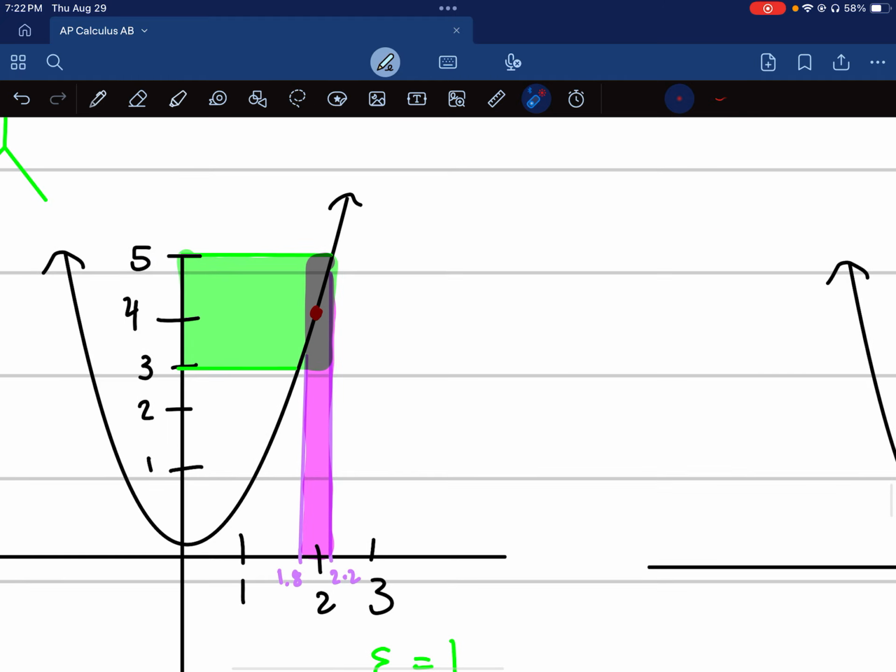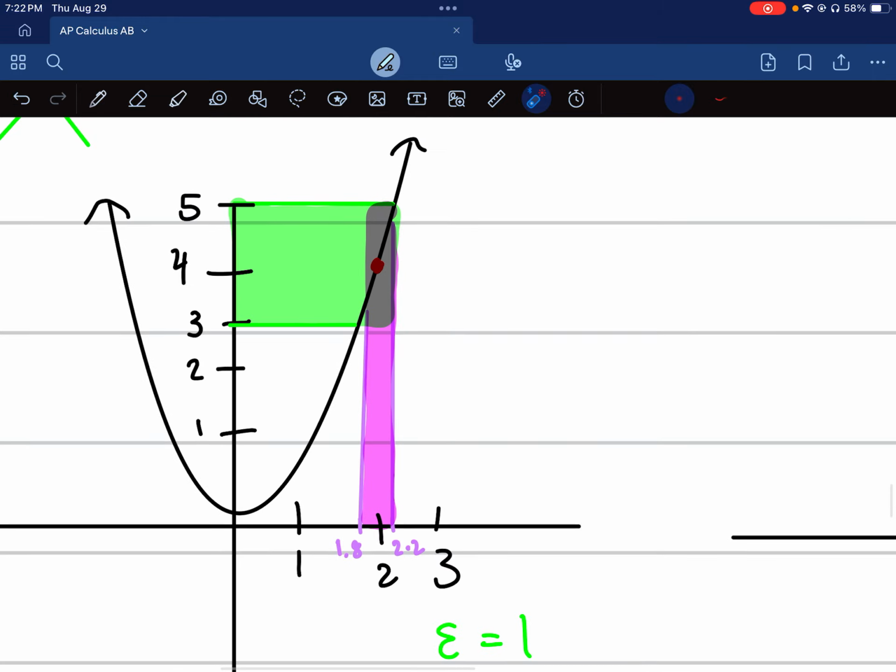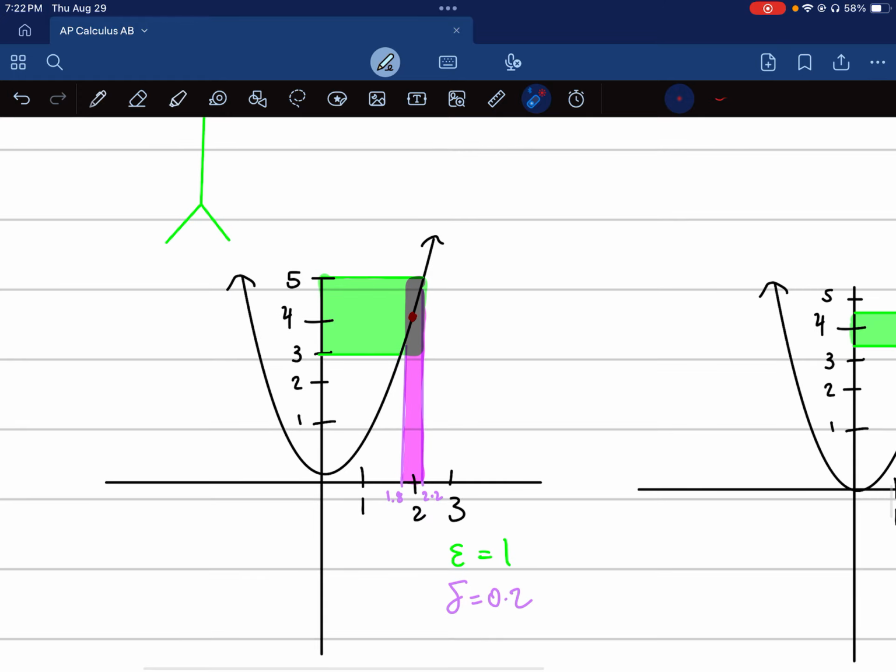We have 1.8, and notice actually this graph isn't perfect, but if you take any value of x between 1.8 and 2.2 except 2, then we will have a y value corresponding to a number inside this epsilon neighborhood that you defined as epsilon equals 1. And in this case, our limit is equal to 4.